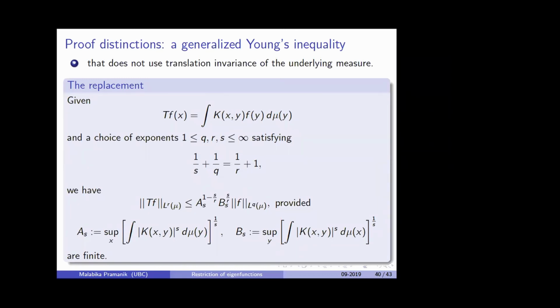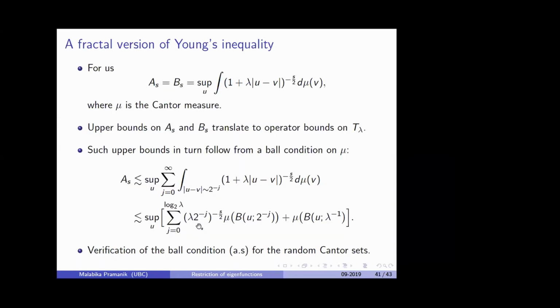These are the supremum of the integral of this integration kernel K raised to the power of s in one of the variables. The exponents q, r, and s, you will notice, obey the exact same relation as Young's convolution inequality. So it then remains to estimate these objects A sub s and B sub s.